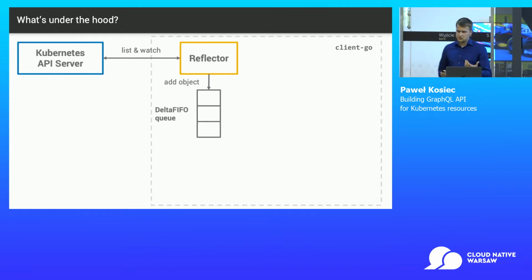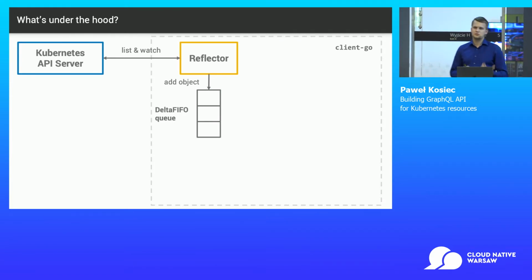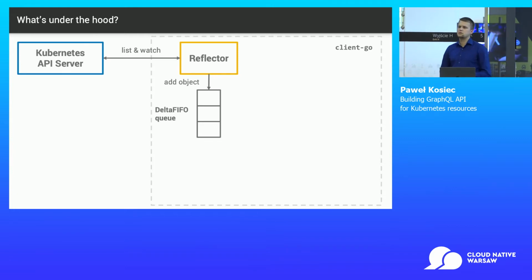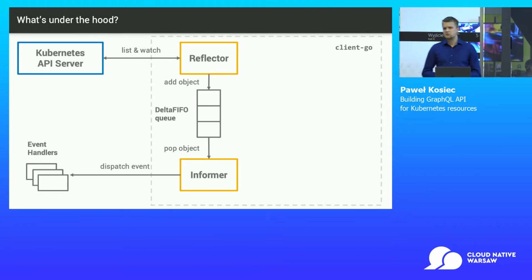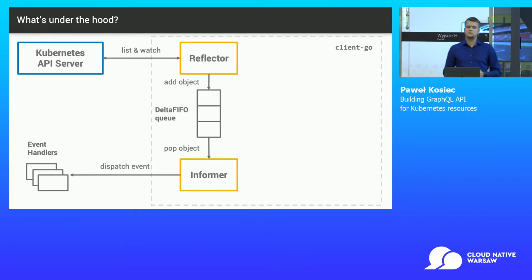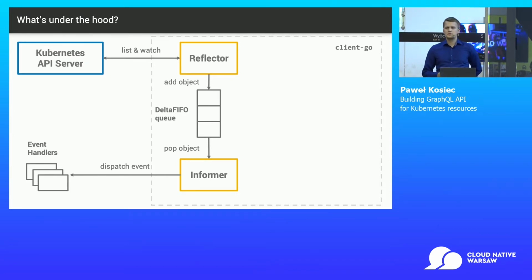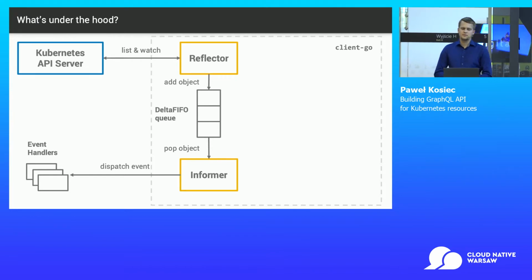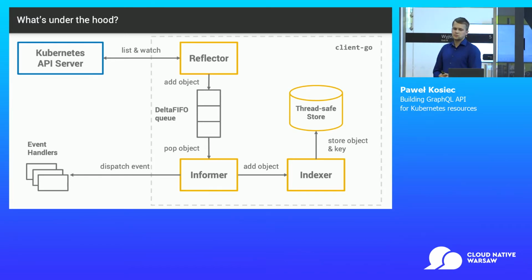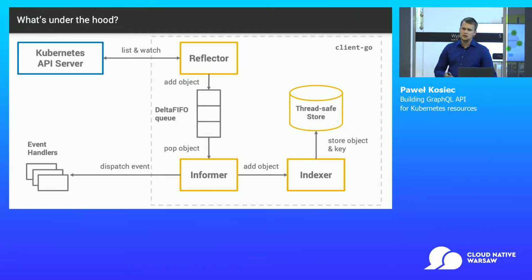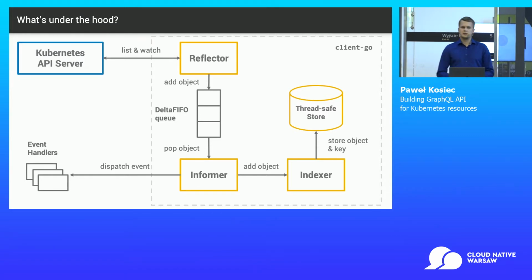If it sees some change, it will add an object to a delta FIFO queue. The informer pops this object from the queue, and then dispatches events to event handlers we define. This is our logic, defined in event handlers. And the informer also adds the object to the indexer, which puts it in a thread-safe store along with the index name and keys.